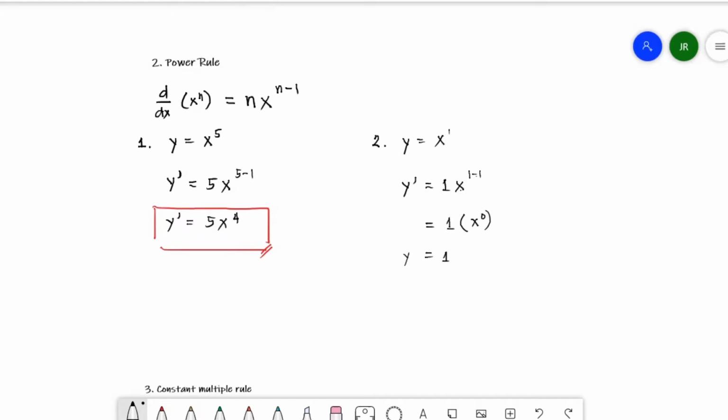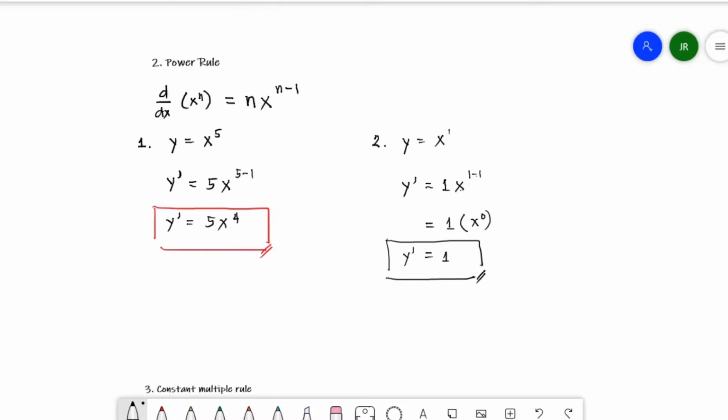So now, y prime, or the derivative of x, is always equal to 1. Always remember that. Again, the derivative of a constant is always equal to 0. The derivative of x is always equal to 1.